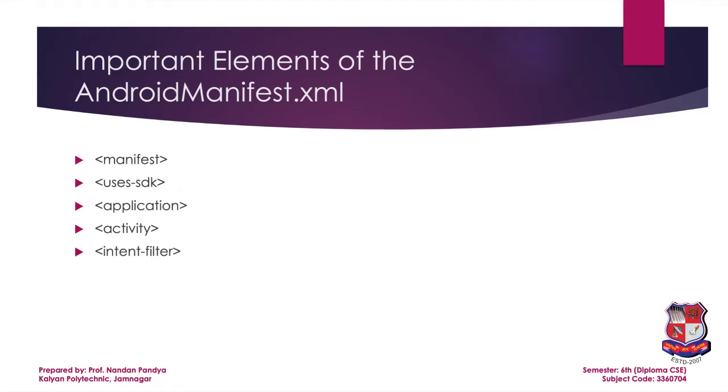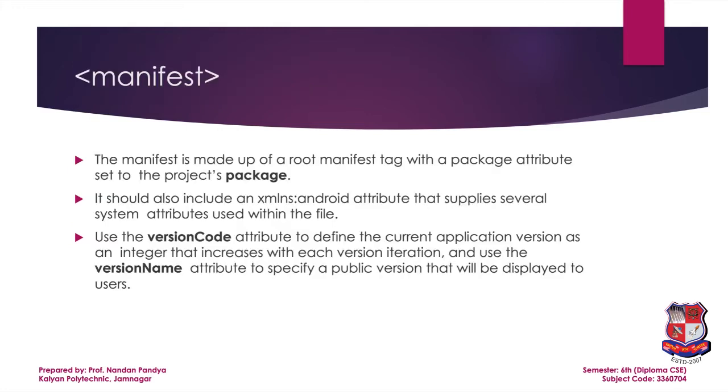Some of the manifest subnode tags are mainly used, as on the screen. To begin with, the manifest tag. This is the root manifest tag with a package attribute set to the project's package. It should also include an Android attribute that will supply several system attributes within the file.